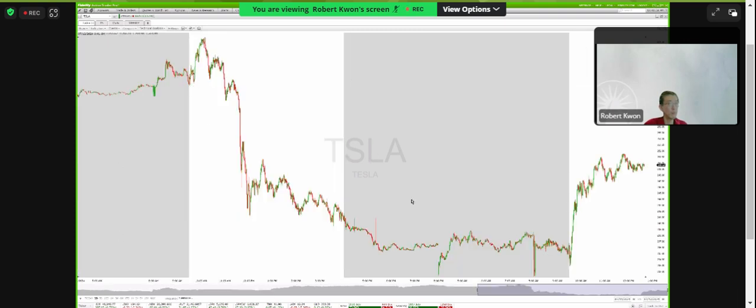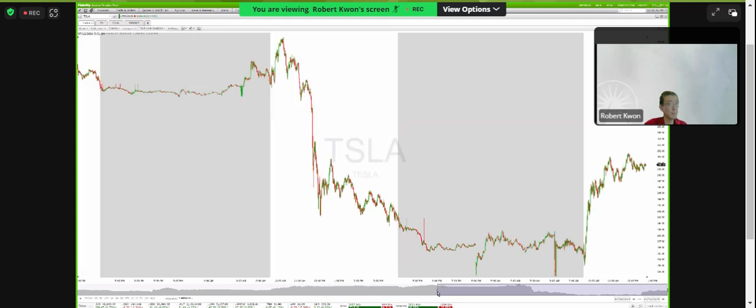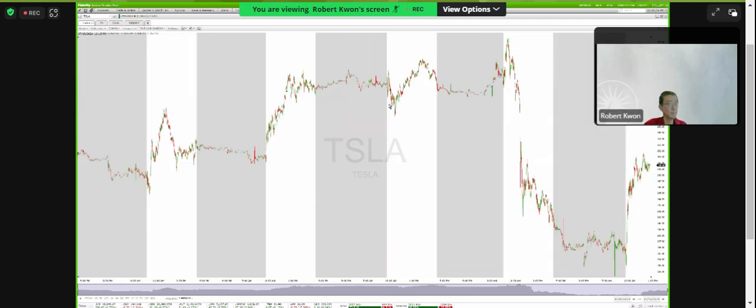See the whipsaw? Zoom out, and push it to look at as many 1-minute candles as we can. Does everybody see how chaotic it is?